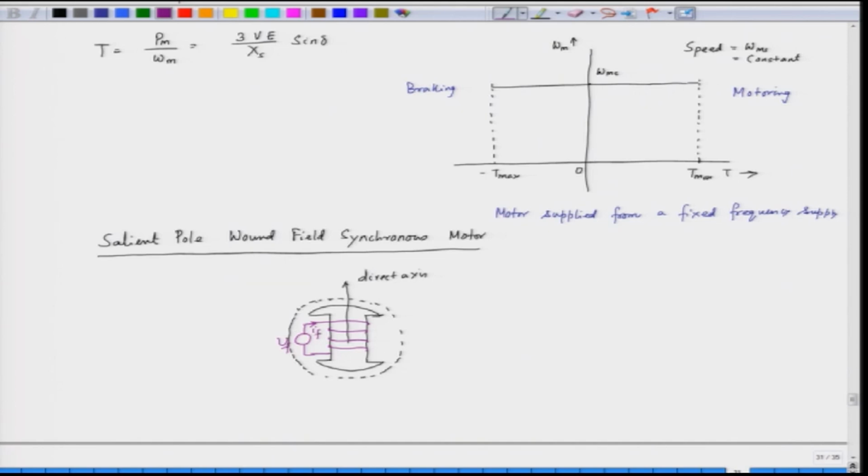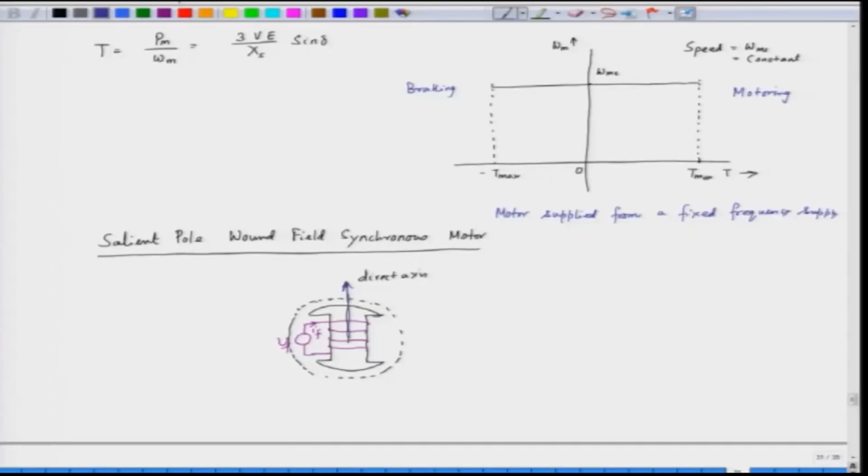So, the flux is produced along the pole. This is called the direct axis, because the flux is produced along the direct axis. Now, the axis in between, at right angle to the direct axis, is called the quadrature axis.